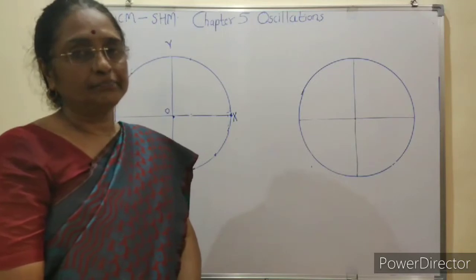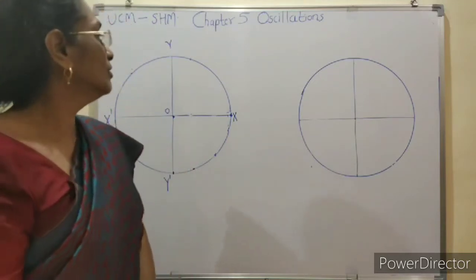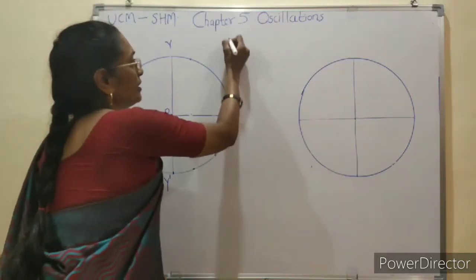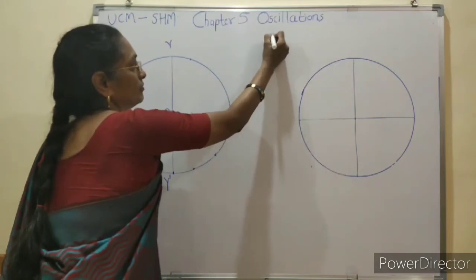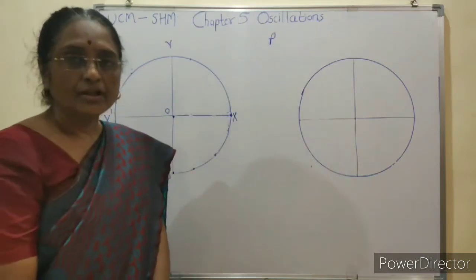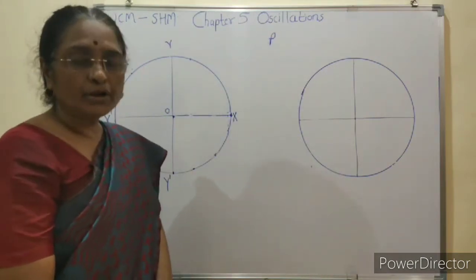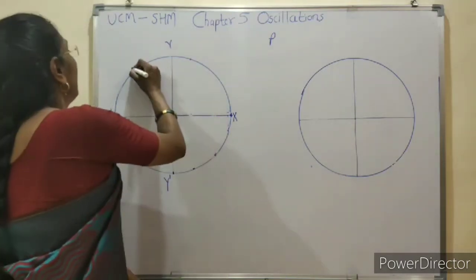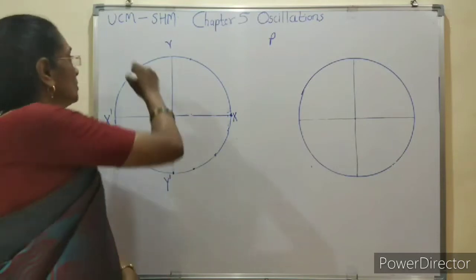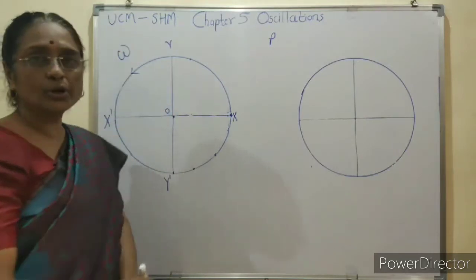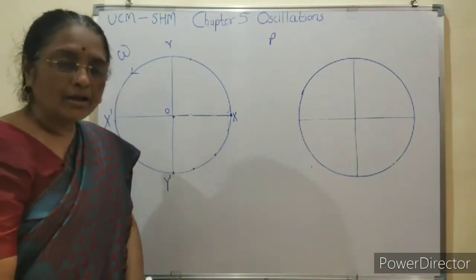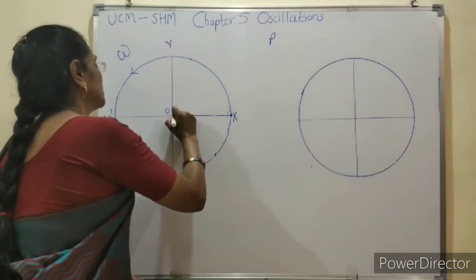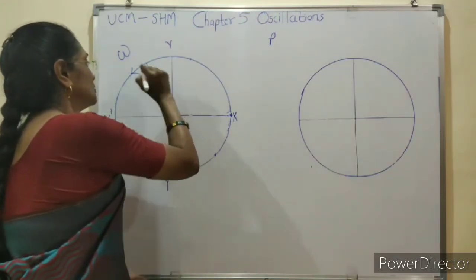For that we consider one particle, say particle P, which is revolving along the circumference of a circle in the anti-clockwise sense with angular velocity omega, and the radius of the circular path is a.